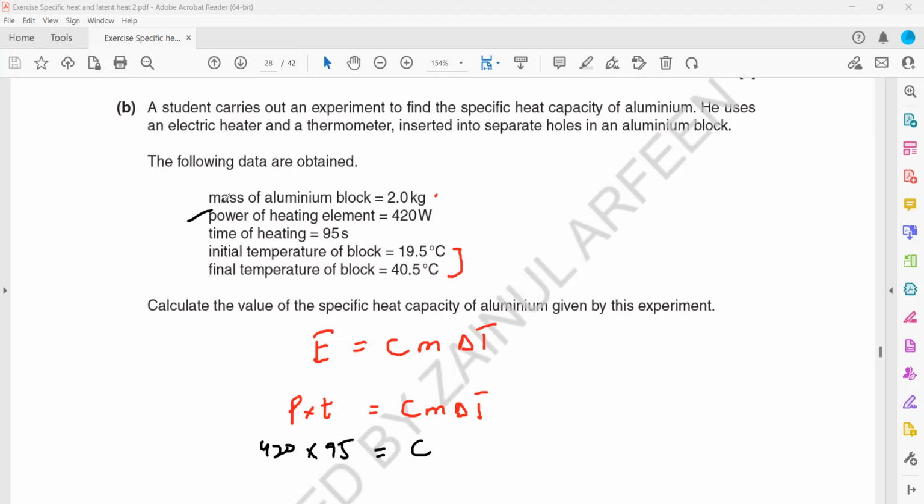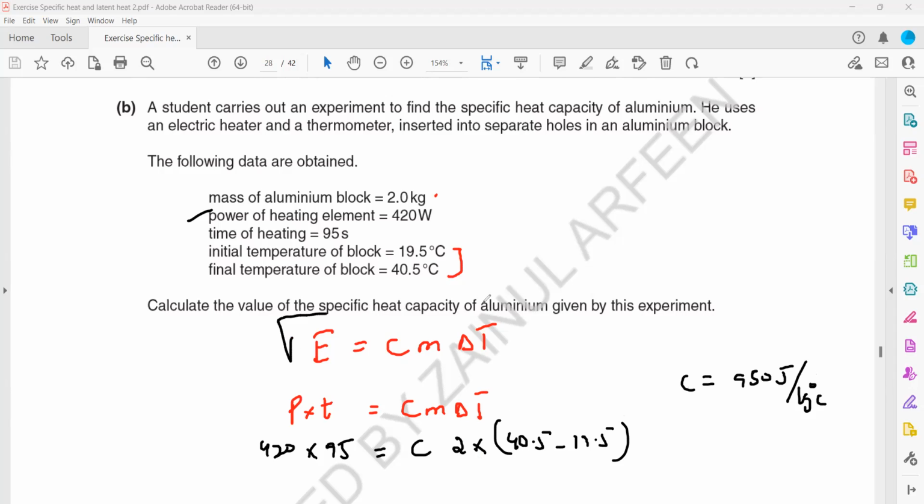Specific heat we don't know. The mass of the block of aluminium was 2 kg. The temperature change is 40.5 minus 19.5. So this whole is multiplied, the other side will be divided. So the specific heat capacity, when you substitute, will be 950 joule per kilogram degree centigrade.